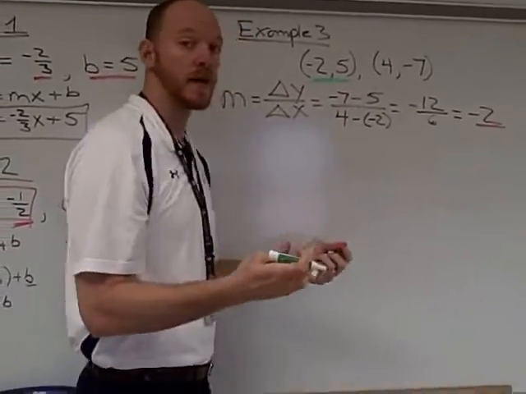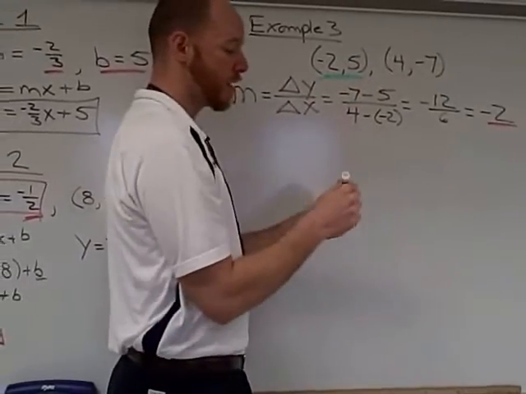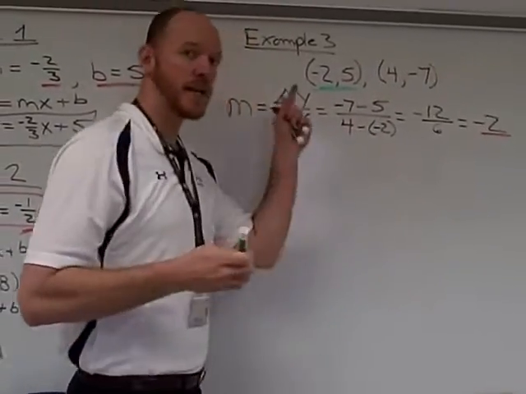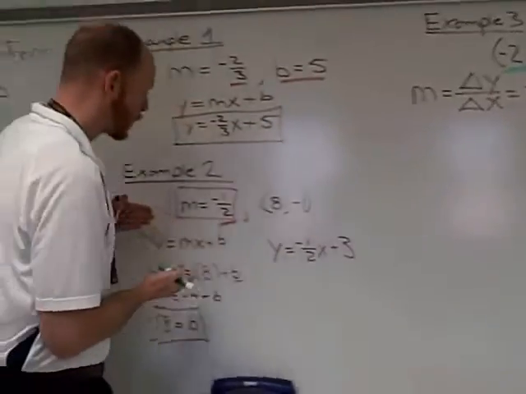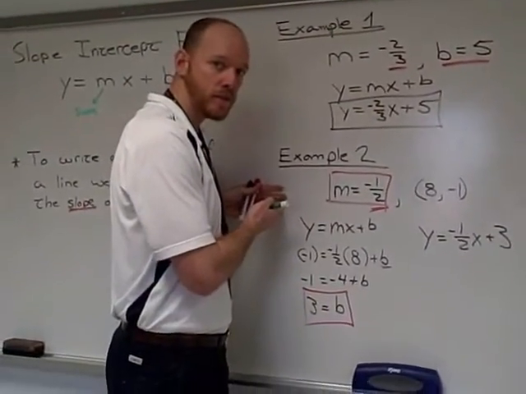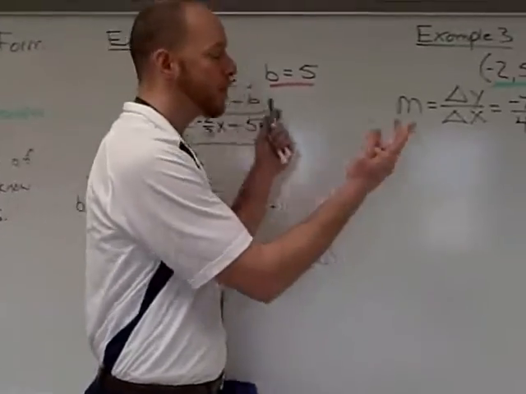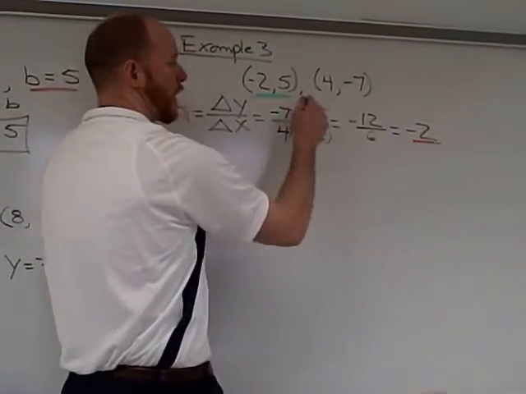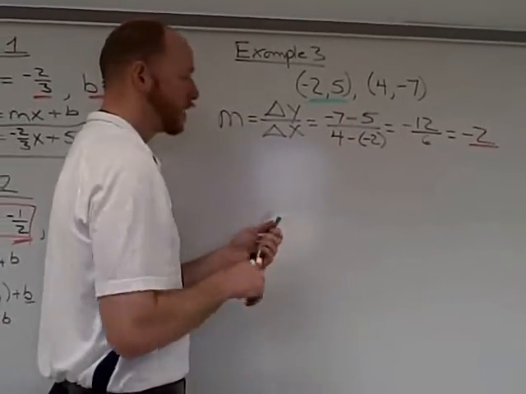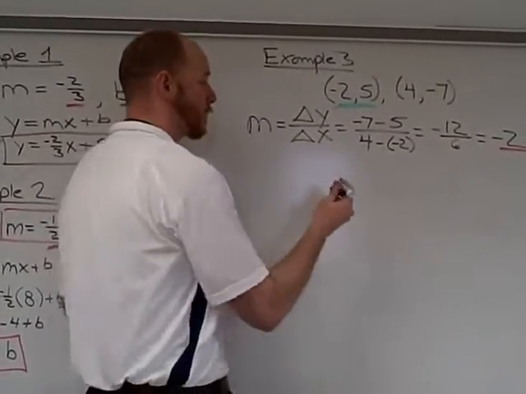Again, it wouldn't matter. I could select either point. Here we had slope and a given point on the line. Now we know the slope and a given point on the line. So we'll repeat the procedure from the last example.